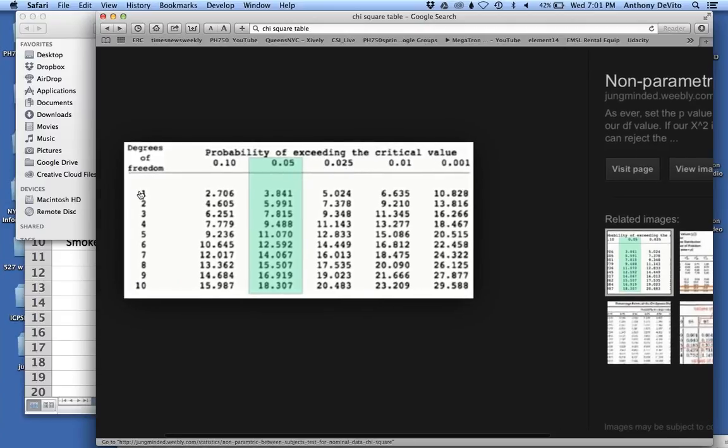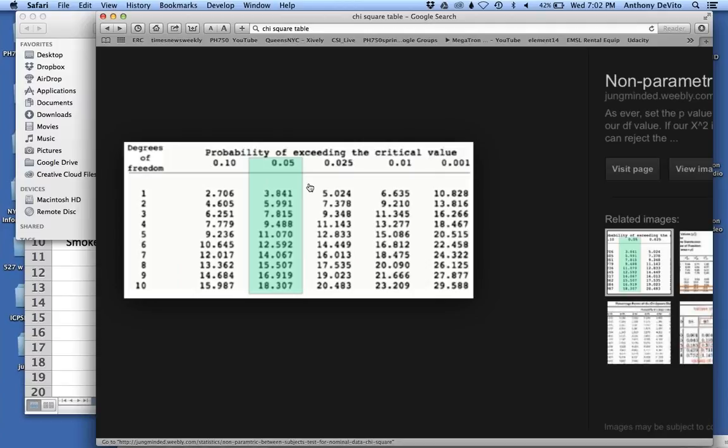Okay, let's take a look at this one. For 1 degree of freedom, what value do we need for chi-square to be only 5% left in that upper tail? 3.841. So if I get a chi-square value bigger than 3.841 for a 2 by 2 table, I know that there's a smaller area than 5% left in that upper tail.